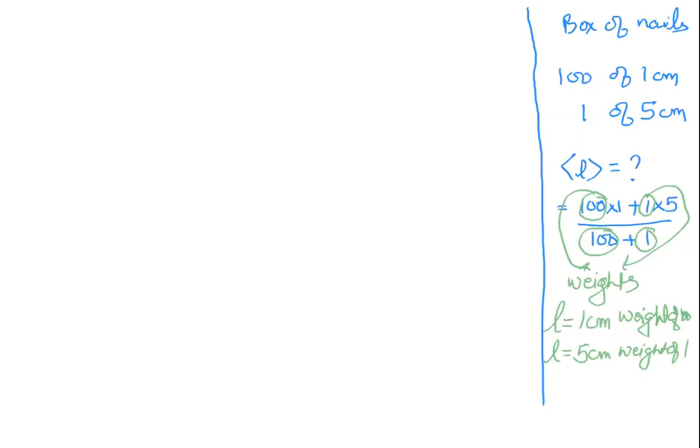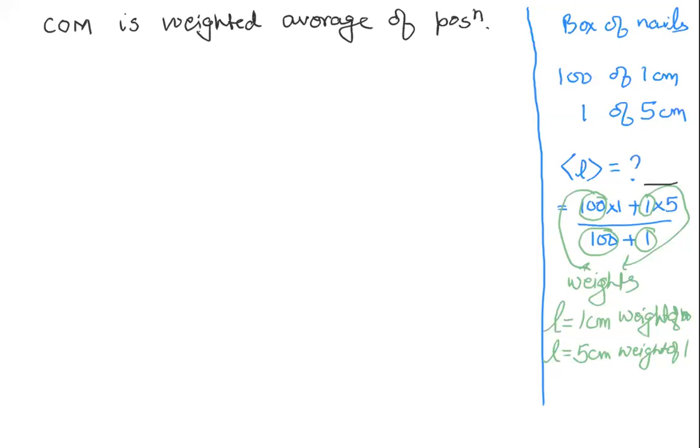So in physics, we say that center of mass is the weighted average of position, right? So basically, we are going to have an average formula of this sort, and it will be a weighted average. So there will be these weights involved.